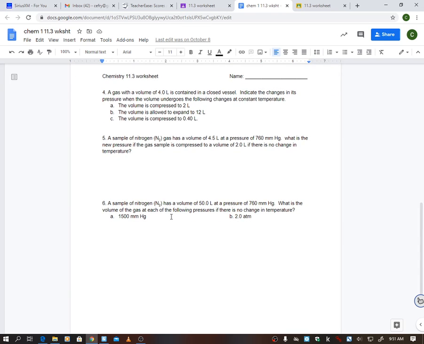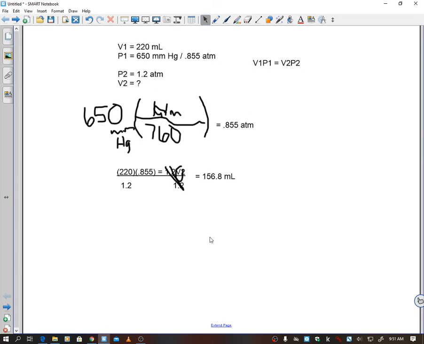On number 5, you take your initial volume times your initial pressure and divide by the new volume to get your new pressure. So it should be 4.5 times 760 divided by 2. Right here, you're plugging in the new numbers.